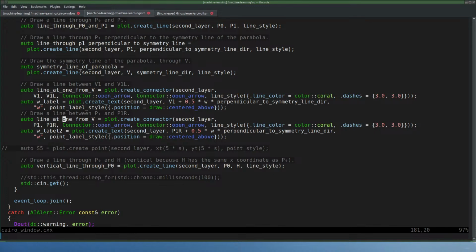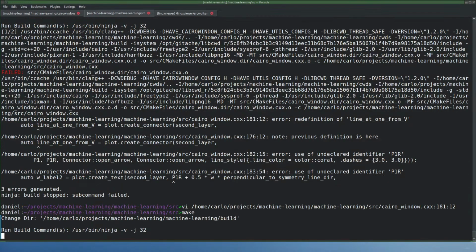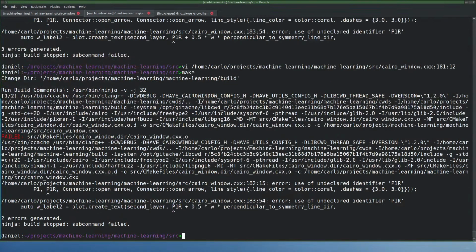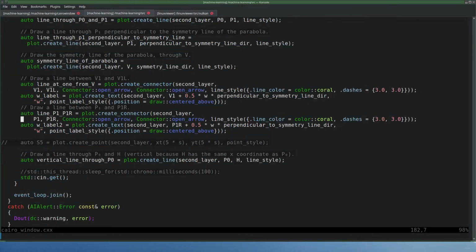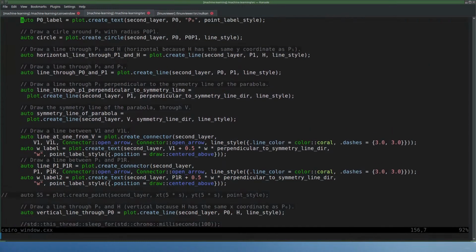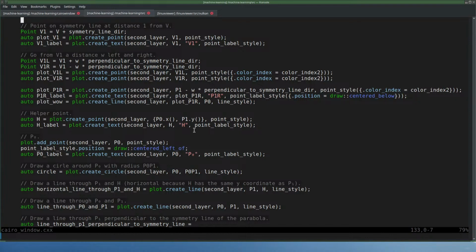Line at 1 from V. It's not it. Calling it P1, P1R. Use of undeclared identifier, P1R. Then what was it called? V1R? Plot P1R, that's the only one we have.